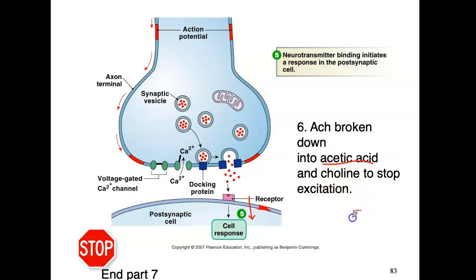And so often you have a little diagram where it sort of breaks it in two, and one of them is the acetic acid and the other one is the choline. And by breaking it down into 2 parts, it stops being active and then it can be recycled and used again. But that would be the last step there, where you actually want to stop that communication between those 2 cells.